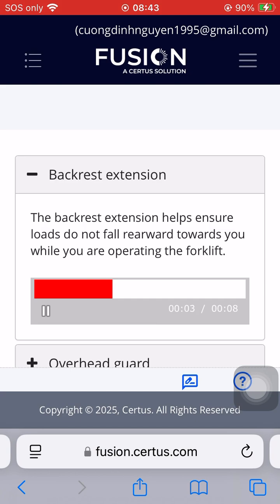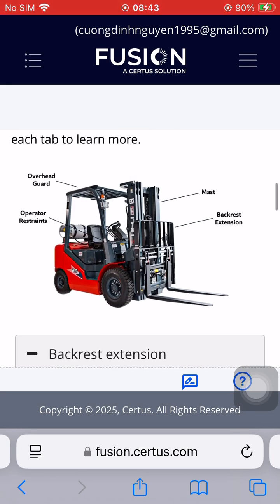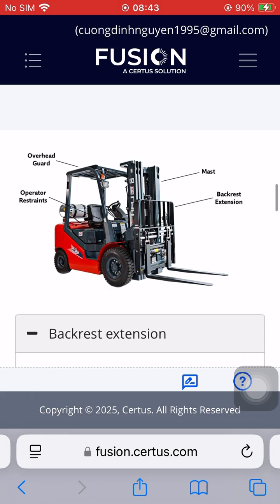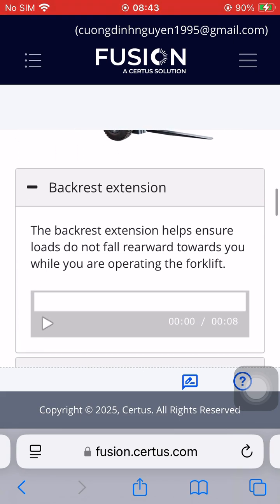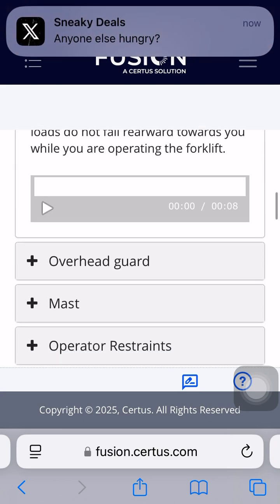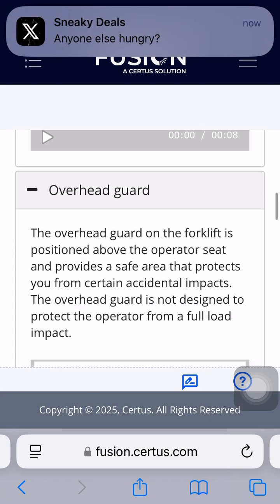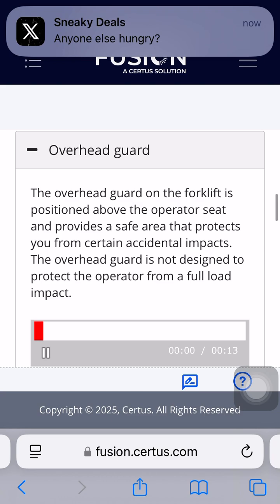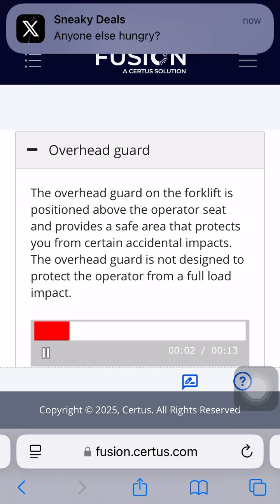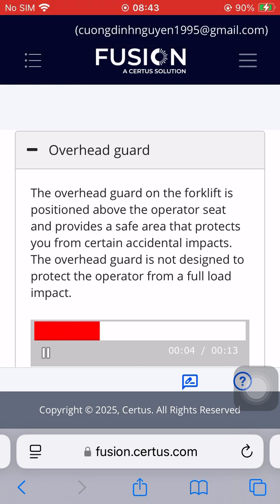The backrest extension helps ensure loads do not fall rearward toward you while you are operating the forklift. Overhead guard. The overhead guard on the forklift is positioned above the operator seat and provides a safe area that protects you from certain accidental impacts.